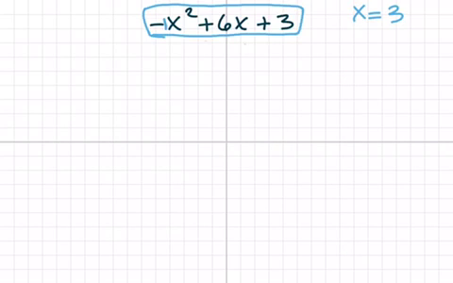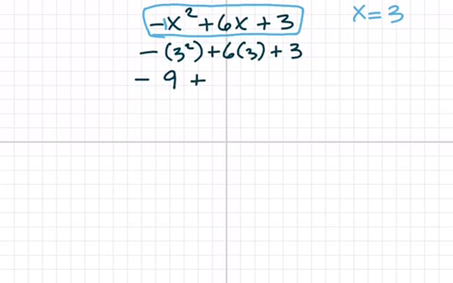Now I'm going to put it back in the equation and see what the y value is. I'm going to take the 3, and I'm going to go negative 3 squared plus 6 times 3 plus 3. That becomes negative 9 plus 18 plus 3. And when you stick that in the calculator, the answer comes out to positive 12. So the y value is going to equal 12. So x is 3, y is 12.